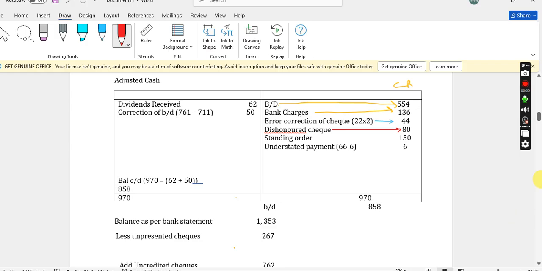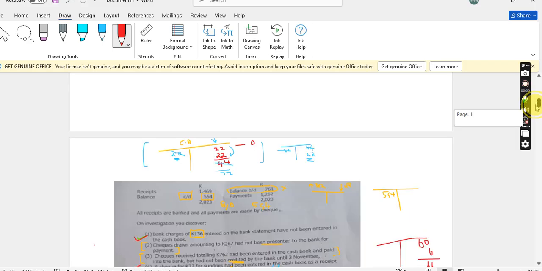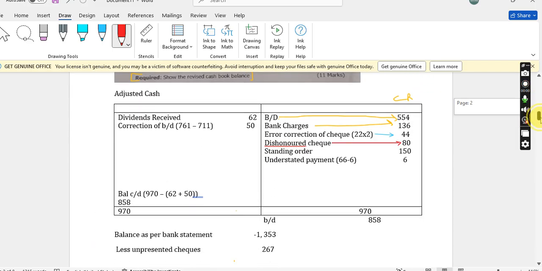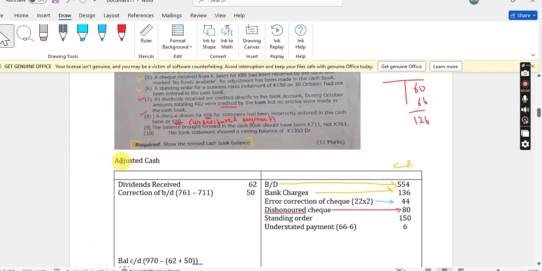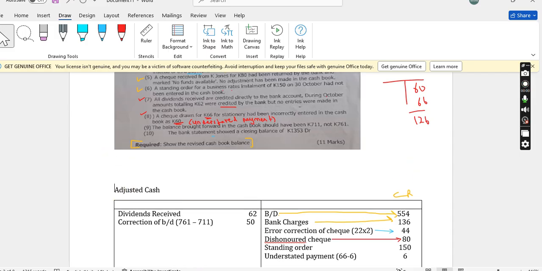So remember these 4 golden rules. When you have an understated payment, credit the understated amount.